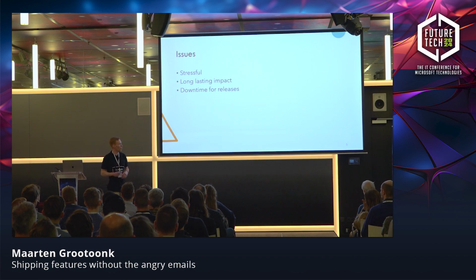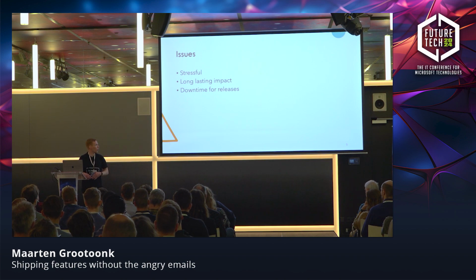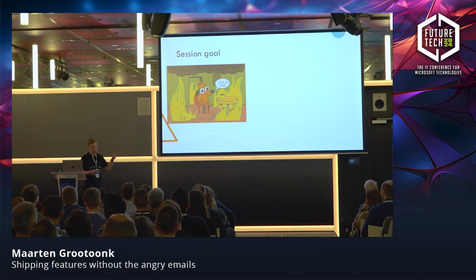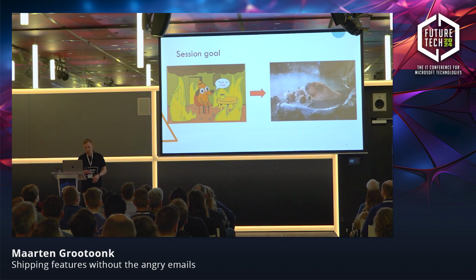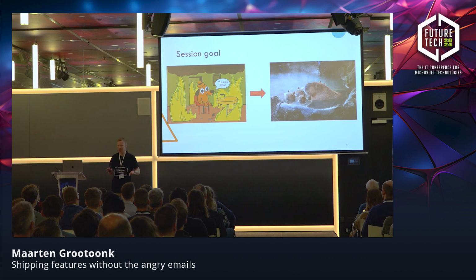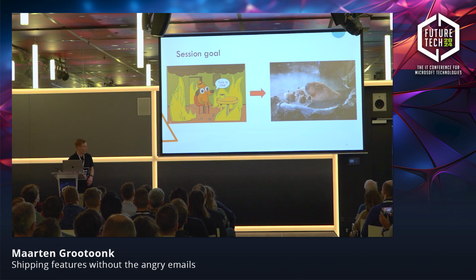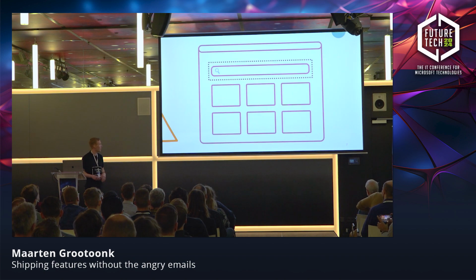If you have downtime on releases, you may have unexpectedly more downtime because of a bug fix you have to release. So at the end of the session, I want you to go from this to being a relaxed capybara in a warm bath, just enjoying shipping features without worrying that everything will be exploding. So that's a nice goal, I think.